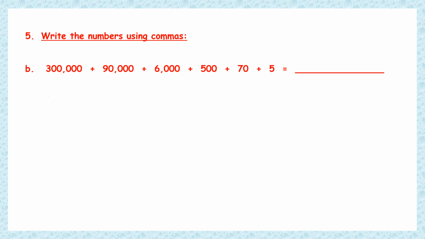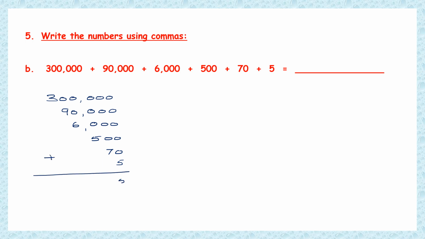So we have 300,000 plus 90,000 plus 6,000 plus 500 plus 70 plus 5. Now let's add up all these and see what we get.